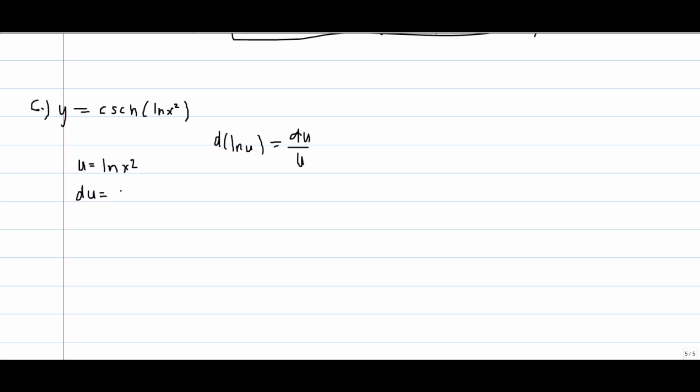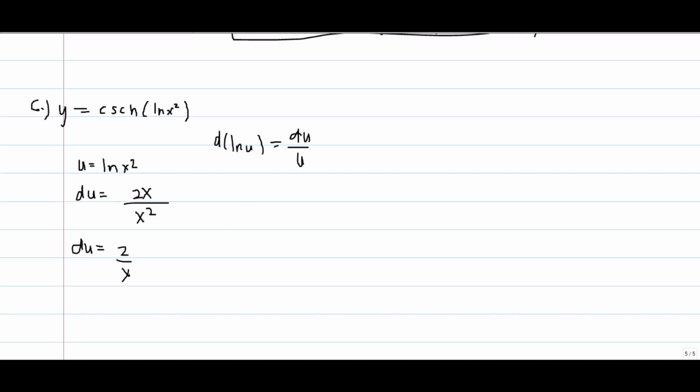So to find du, we must take the derivative of x squared, that is 2x, over x squared, which we can simplify to 2 over x.